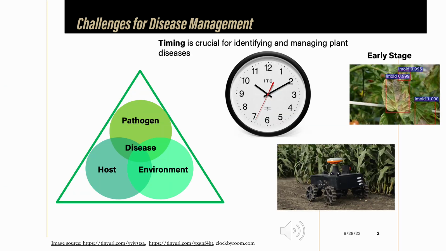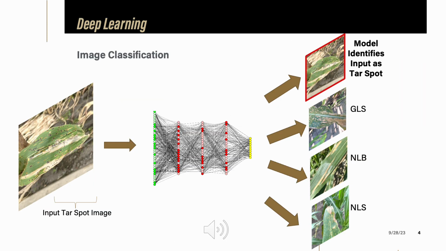To limit economical and yield loss, the very first step is to accurately identify disease before it starts spreading in the field. To accurately identify diseased plants during early onset of disease in the field, we evaluated a number of computer vision approaches, starting with image classification.